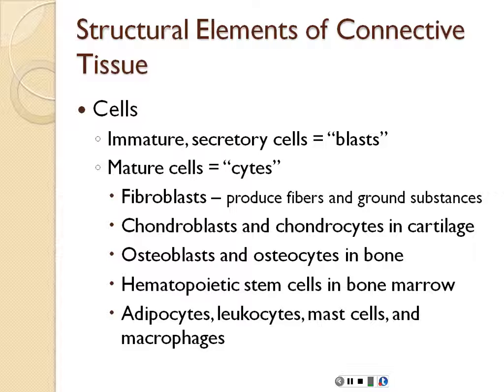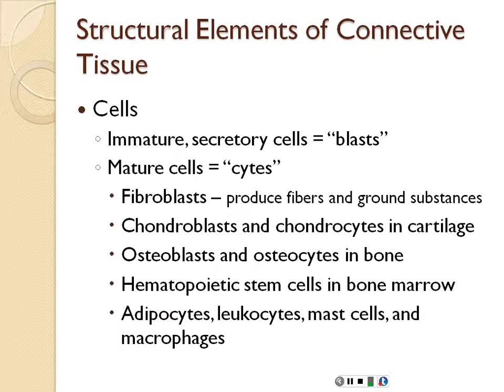Once they become trapped, they're called cytes. The blasts actually make the matrix of that tissue. Chondroblasts make the matrix of the cartilage tissue. When they get trapped in that matrix that they made, they're called chondrocytes. And the same with osteoblasts. They make the bone matrix, become trapped in the matrix that they make. Once they're trapped, they are called osteocytes.